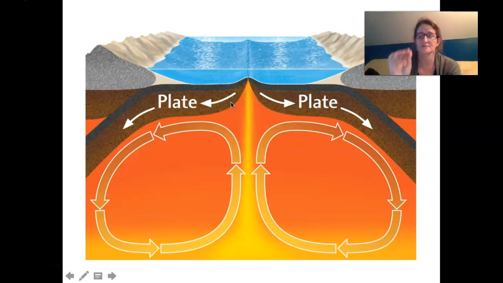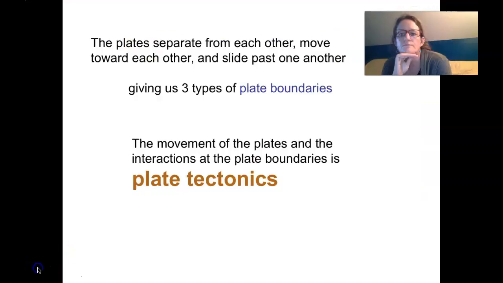When that happens, there's going to be decompression at that point, and that decompression promotes melting, and then we have magma come out, and this is a mid-ocean ridge. On the outside of that, over here, this plate is what we call subducting underneath this other plate. So we have three plate boundaries here. 1, 2, 3. So we have those convection cells dragging the plates along.